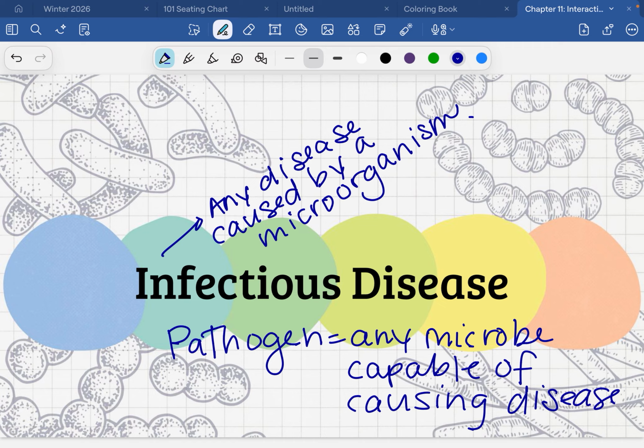Like we talked about all the way back in chapter 1, the vast majority of microbes that we come in contact with every day are either not going to hurt us or they're going to be beneficial. More than the vast majority do not cause disease. They're what we call non-pathogenic. There is a very small percentage of microorganisms that we call pathogenic, meaning that they are capable of causing disease.